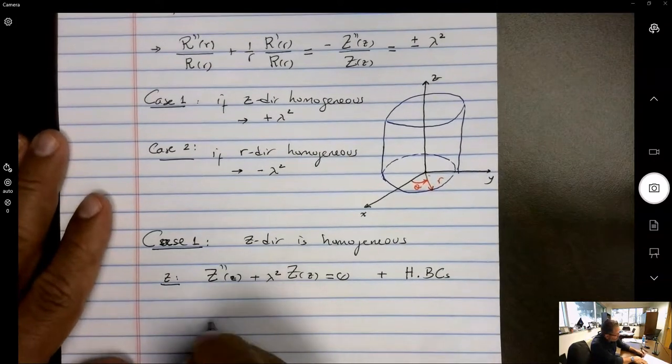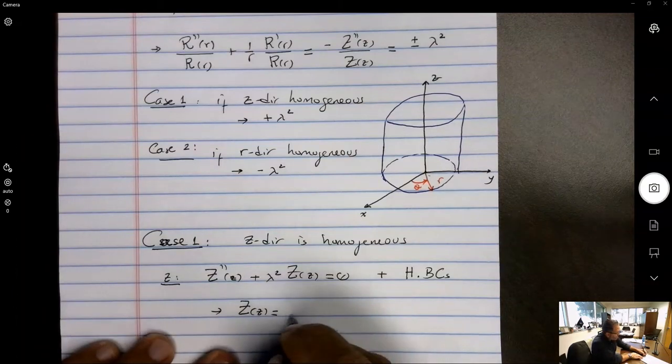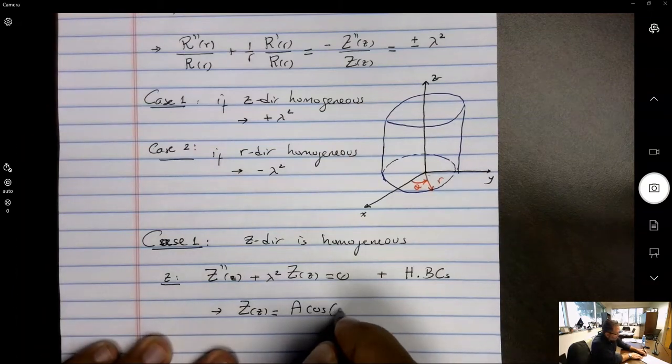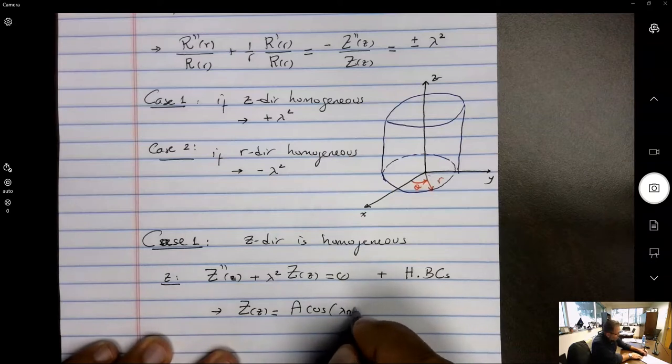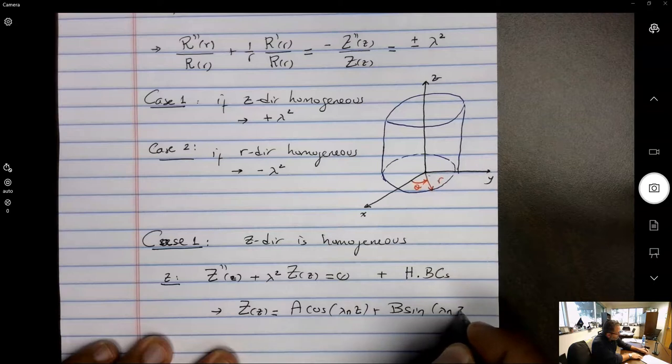We know that the solution, Z of Z, is A cosine of lambda Z plus B sine of lambda Z.